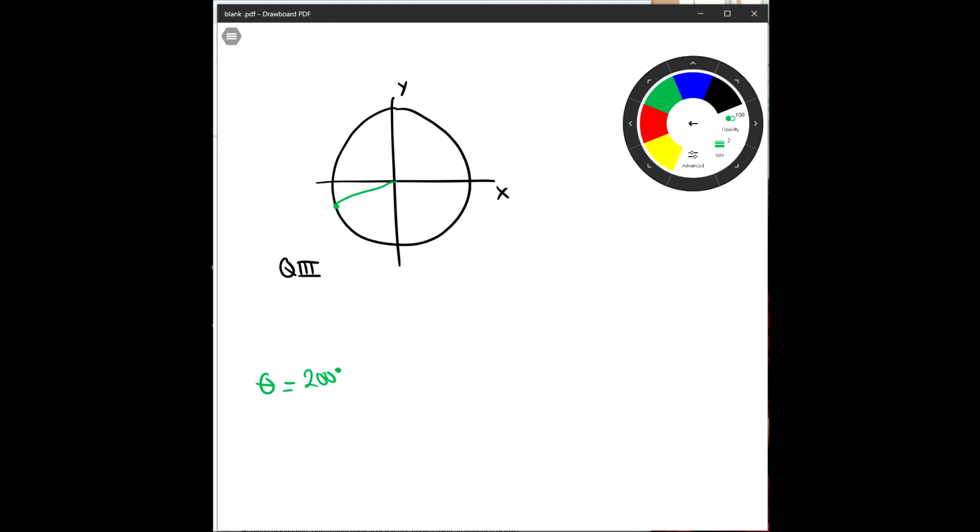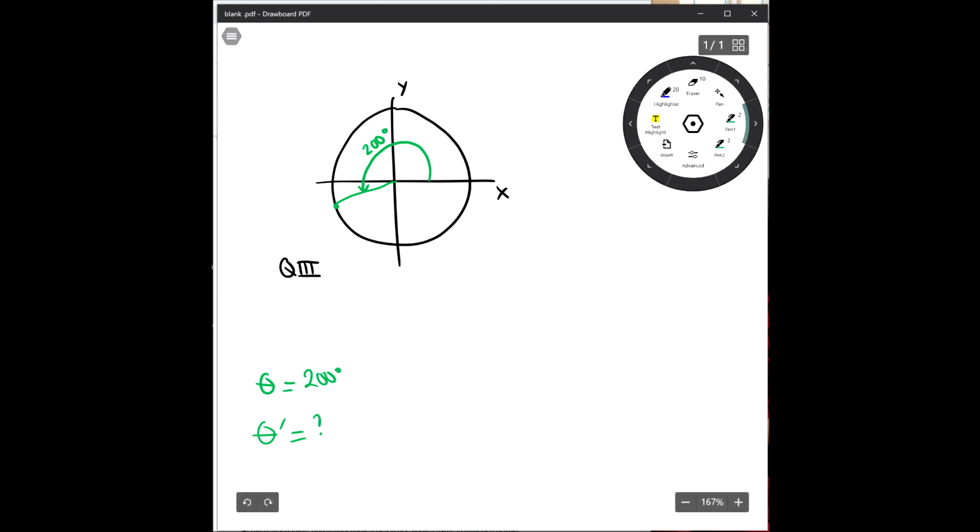Now, the same question: we have to find the reference angle. If we look at this, we know from 0 degrees to the terminal side of the original angle will be 200 degrees. I will follow the same tip that I already did for the last two examples. I will drop down the right triangle on the x-axis.